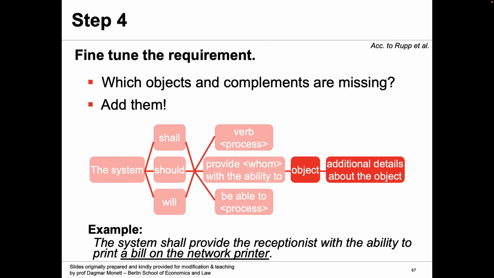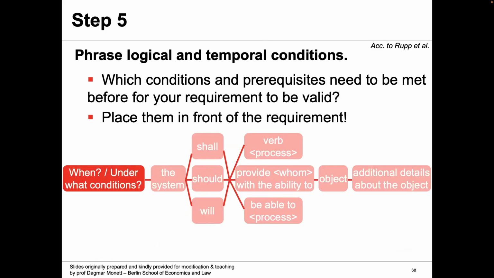The object added is the network printer. So we are just fine-tuning the requirement. The slide is showing how you can work on your requirement in order to make it as unambiguous as possible, in order to make sure that you're not missing out anything. Another thing that you can do is adding a condition before the requirement.